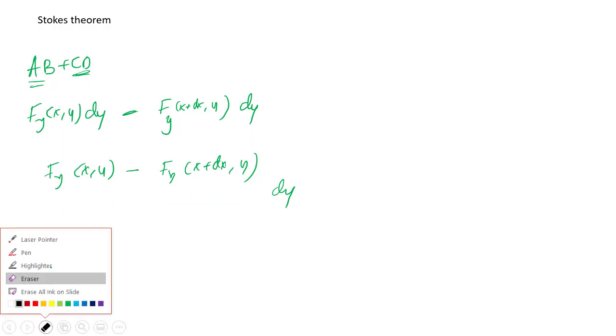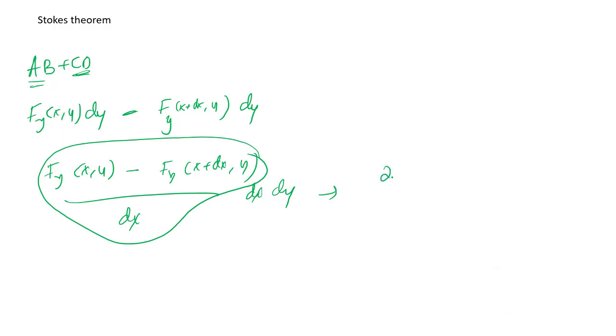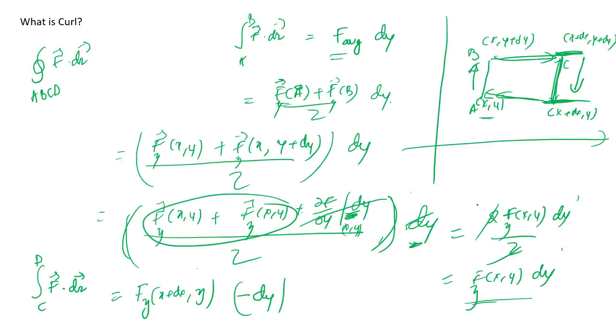I was getting ahead of myself. So I can then divide this by dx, right? And also multiply it with dx there. So then, if you look at this, this would be simply dou fy over dou x, dx dy. Similarly, if I look at the horizontals there, I would have x changing, not y changing.